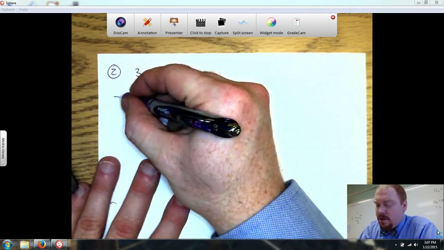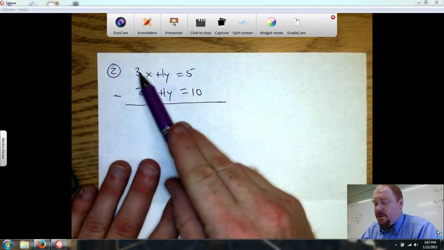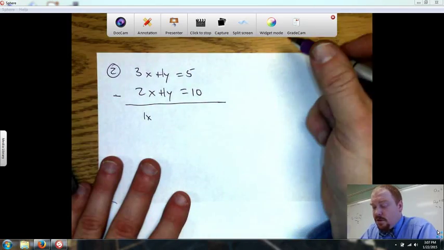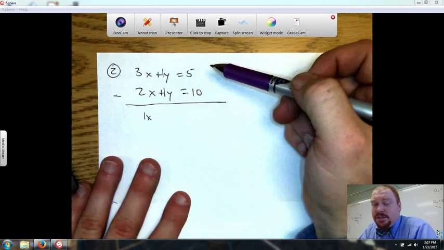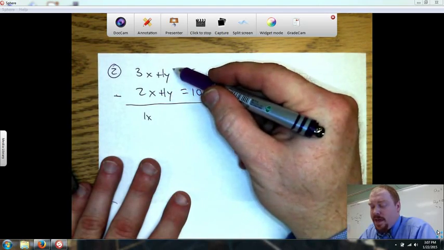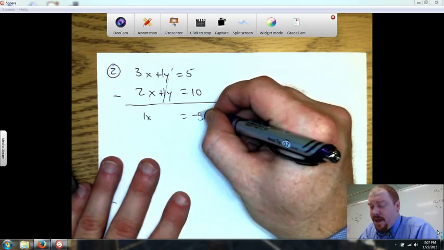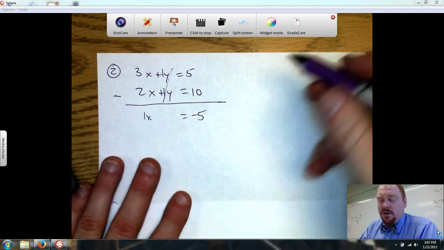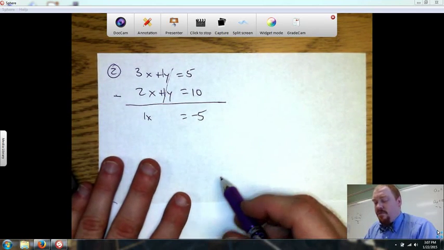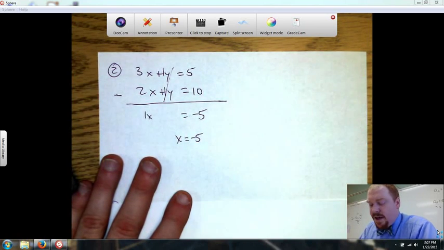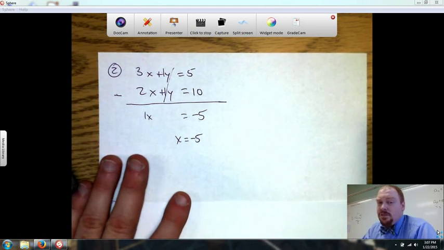So I'm going to subtract straight down. 3 minus 2 is 1x. 1 minus 1 is 0y, so these would cancel. 5 minus 10 is negative 5. So 1x equals negative 5, or just x equals negative 5. So that's what x is.